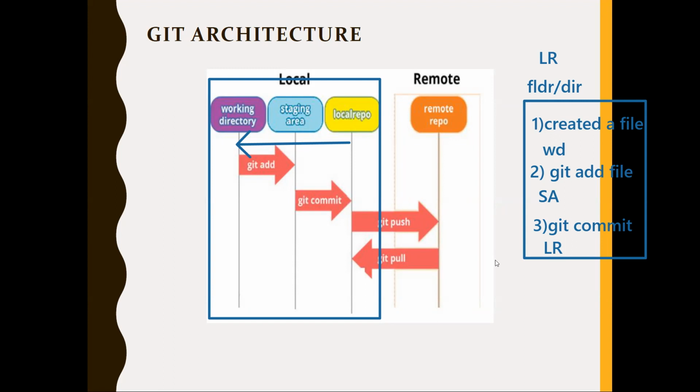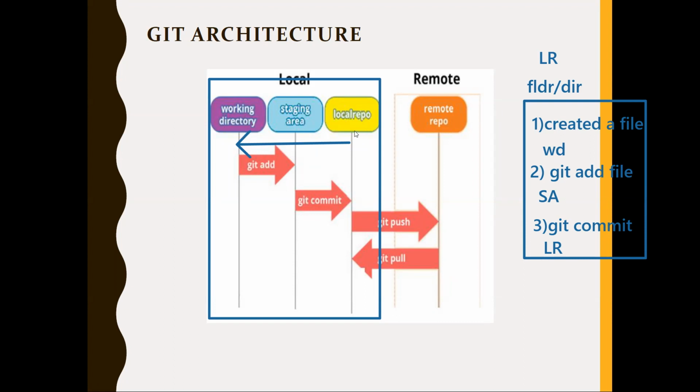No, I didn't get this. If any file we are pulling from the Git remote repository, you told that it will be in the local repository, right? So if the file is in my local repository and I'm doing some changes, again I need to move that file into the staging area and then to the local repository. Anyway, the file is in the local repository, still you have to add and commit. Those changes will be in the working directory only.